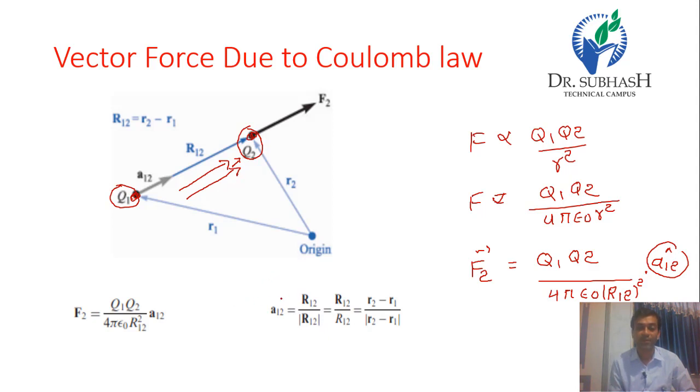The unit vector can be defined using the position vector. Suppose r1 is the position vector of the charge q1 and r2 is the position vector of the charge q2. Then the distance vector is r12 equal to r2 minus r1, and the unit vector of the force can be represented by the r2 vector minus r1 vector upon the magnitude of r2 minus r1.